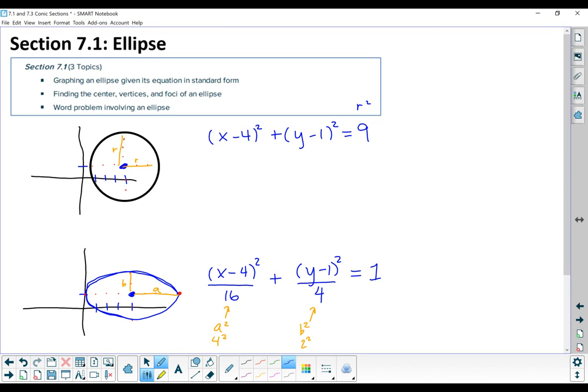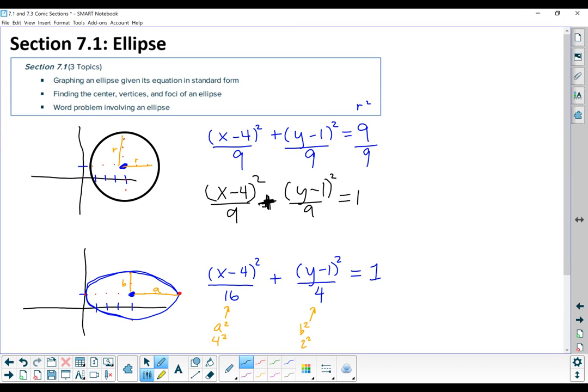You can think of a circle equation this way too: we would just divide everything by 9, so we have (x - 4)^2/9 + (y - 1)^2/9 = 1. So a circle is really like a special case of an ellipse, almost.